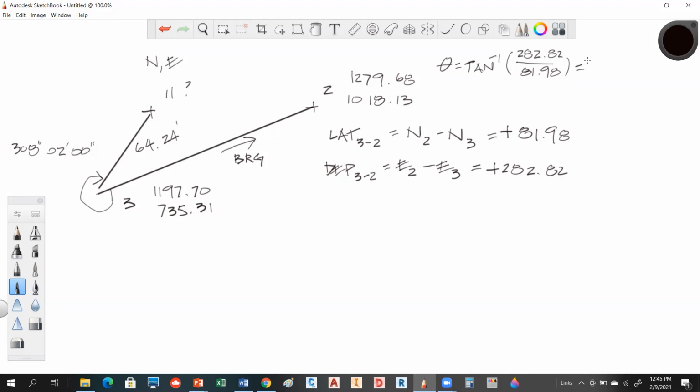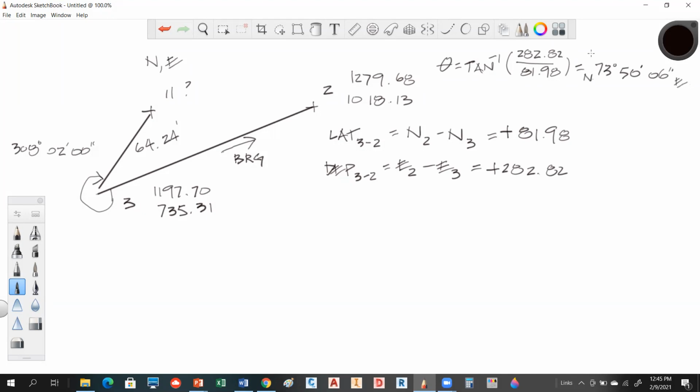So it looks like I got 7350.06. That's what I got. Okay. Anybody else? Oh, I just wrote that wrong, didn't I? 7350.06. And we also know the quadrant is northeast.